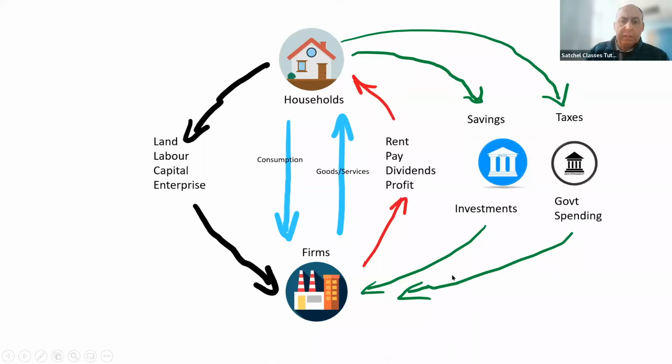So again, tax is an injection. So things that we could count in government spending, things like building new roads, building new hospitals, building new schools, railways, HS2 is a prime example, and firms will take that money and do the work for the government.